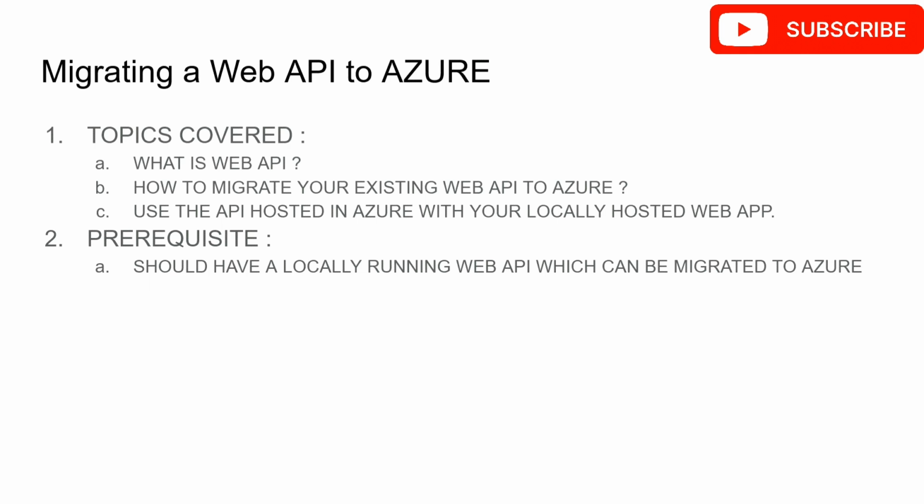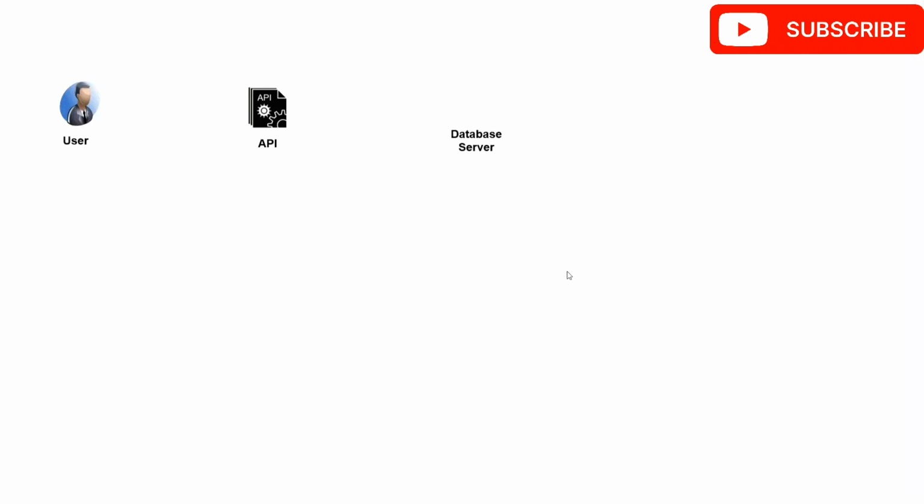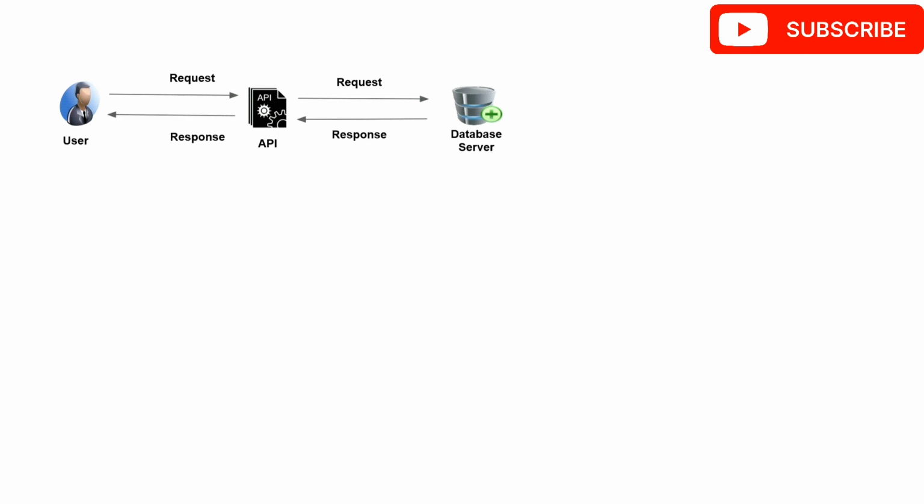Web APIs are essential to modern software development because they enable different applications to share data seamlessly. In a typical scenario, a user sends a request and gets back a response, often in the form of JSON or XML.